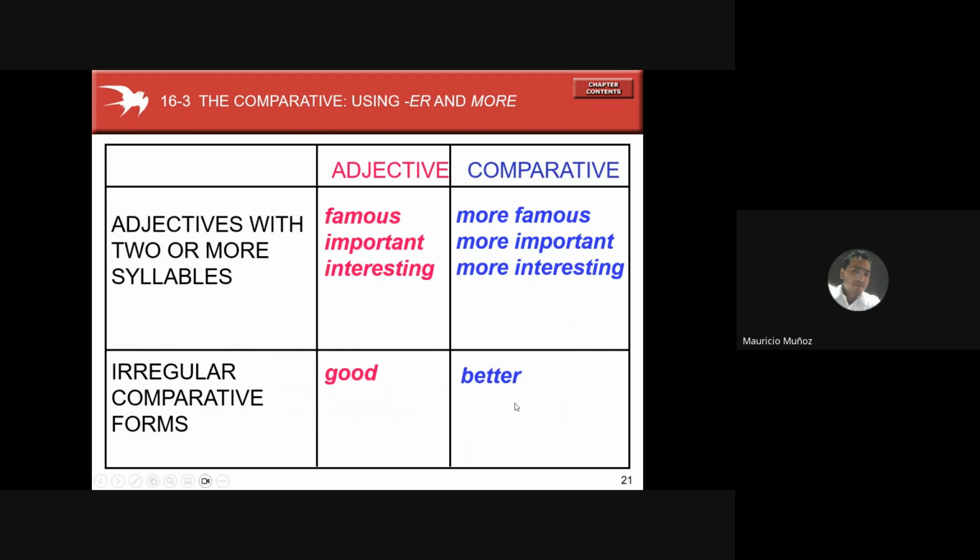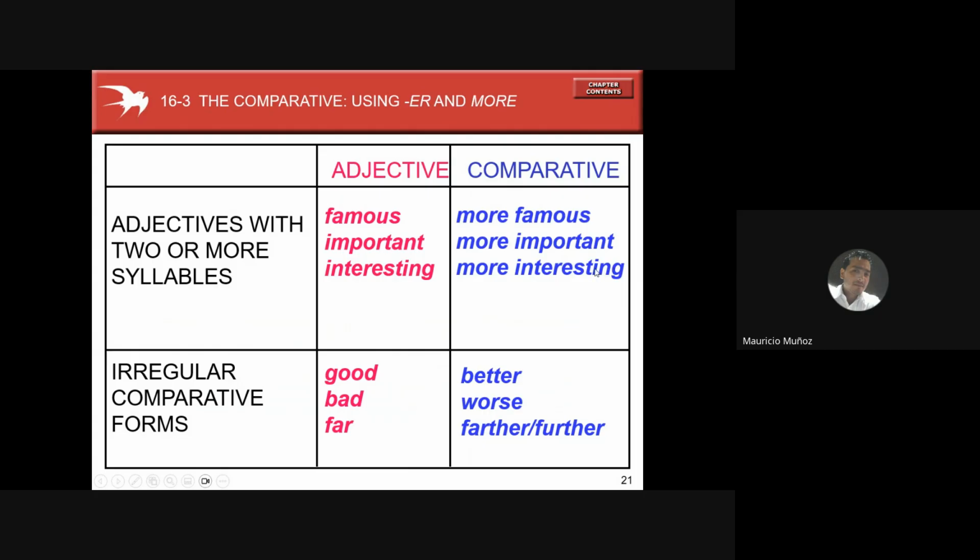Okay, what about long adjectives? Two or more syllables, for example famous, important, interesting. For comparing, don't forget that we write the word more before the word. So we say more famous, more important, more interesting.